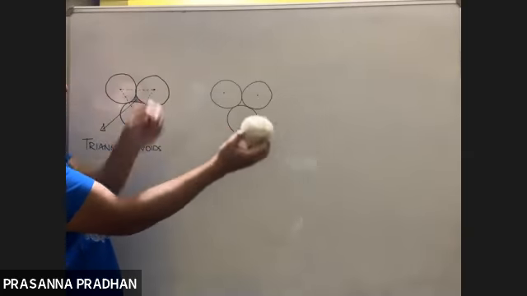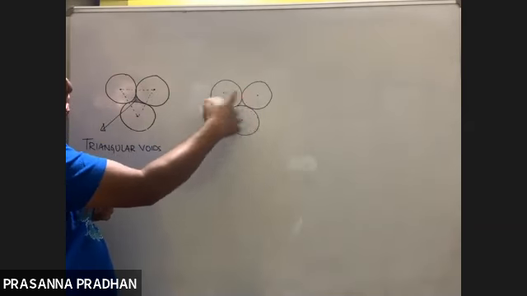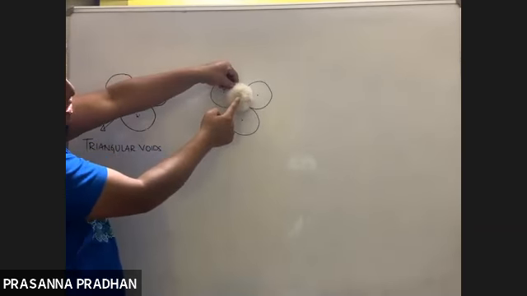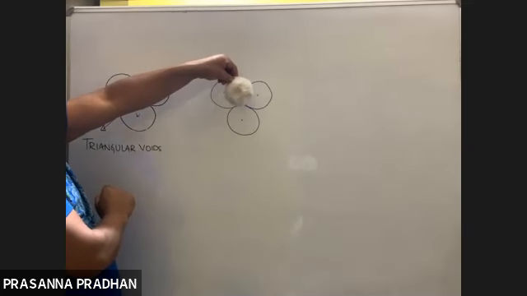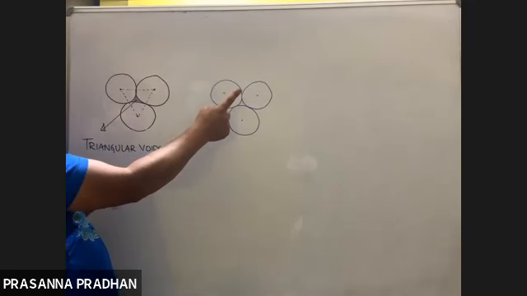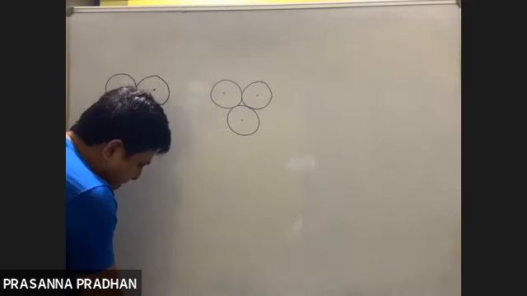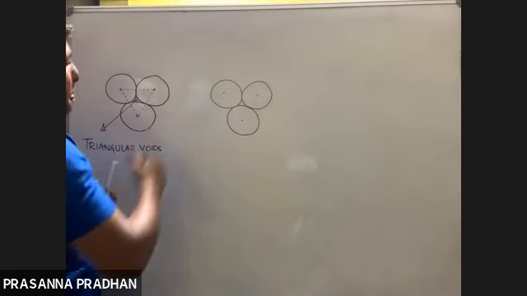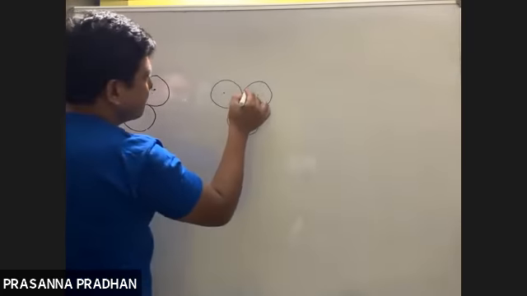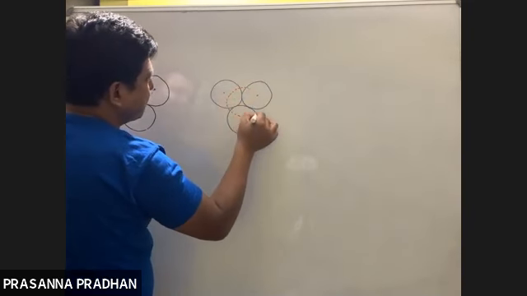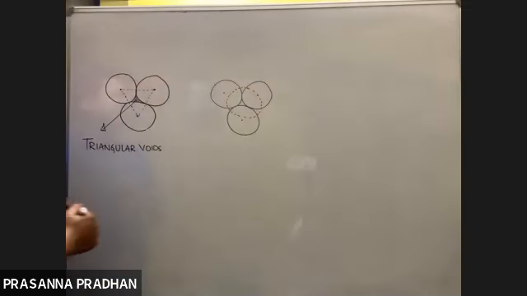Where will the center of this sphere lie? The center will lie somewhat out here. I am keeping three spheres on a plane, and I have kept another sphere on top of this, so I am denoting that by another circle like this.